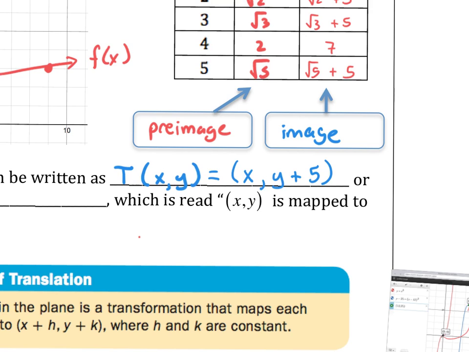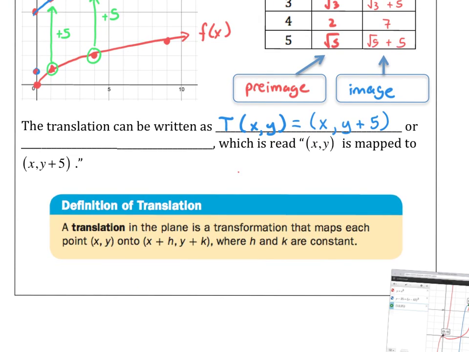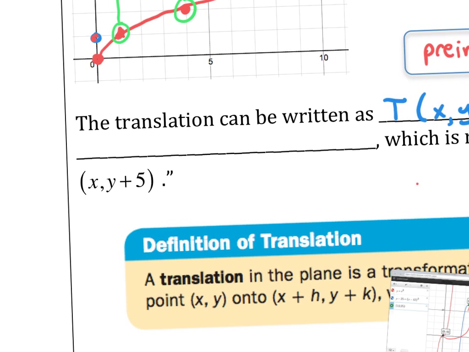We add 5 to that. Another way to write it looks like this. The translation of x and y points gets sent to, or gets mapped to, x, comma, y plus 5.